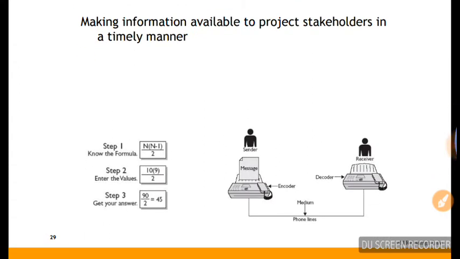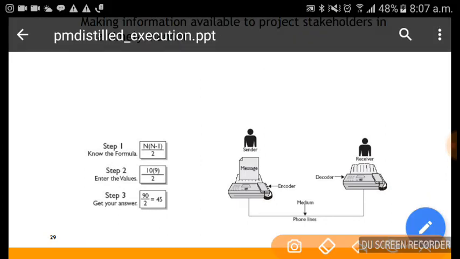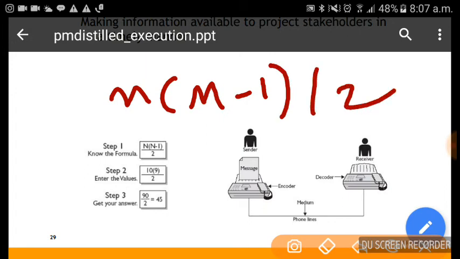This n into n minus 1 by 2 is something which we have to remember. So in a team, if there is a 5-member team discussing things, they will have 5 into 4 by 2. 5 into 4 is 20, by 2, 10 communication channels.